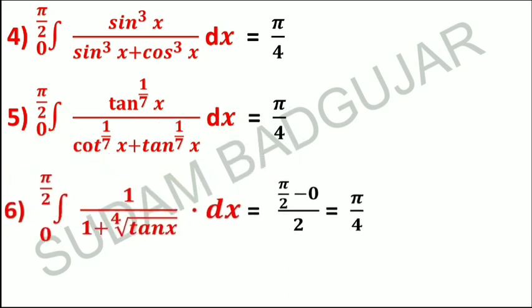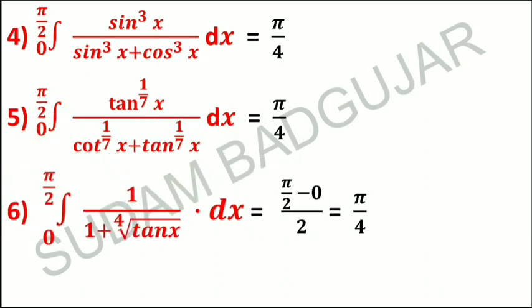One more question. You have to observe question number 6. The denominator is a sum of 2 terms, but after applying property 4 on the first term, it does not convert into the 4th root of tan, or tan cannot convert into 1.